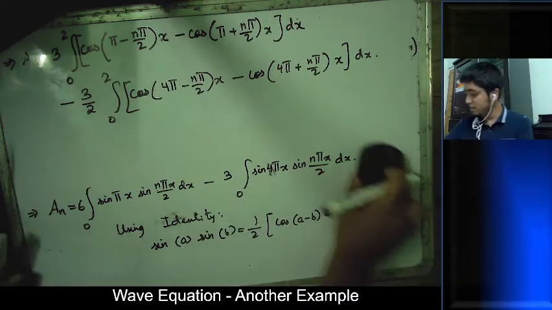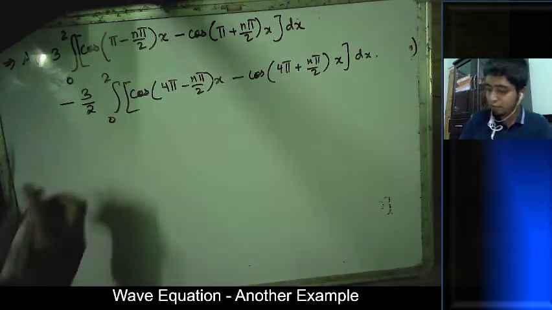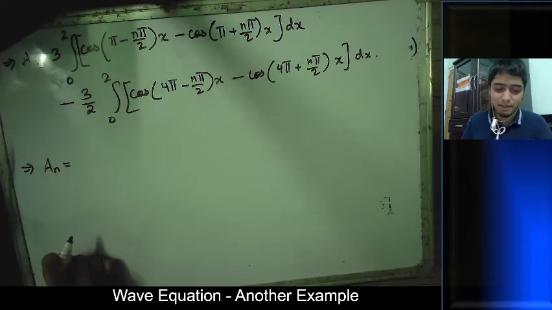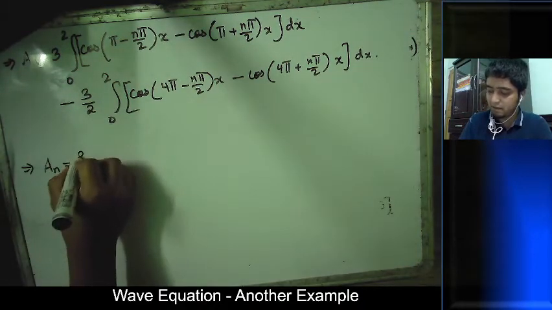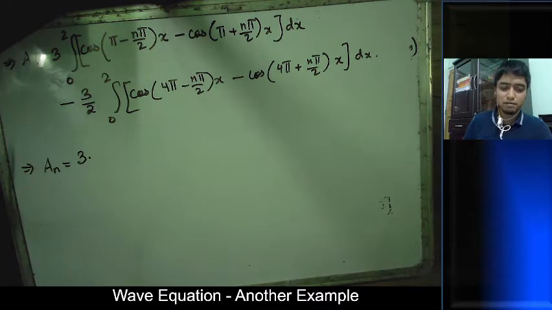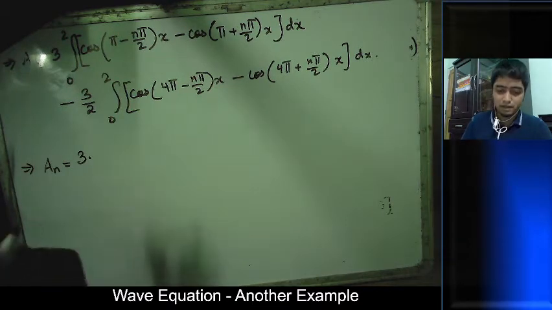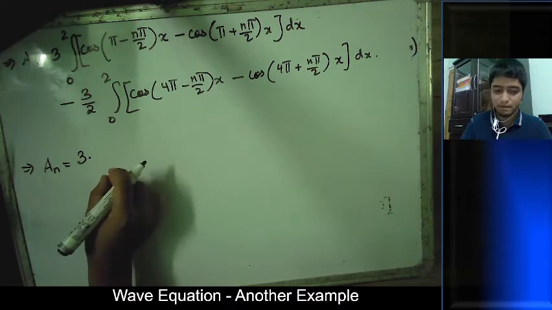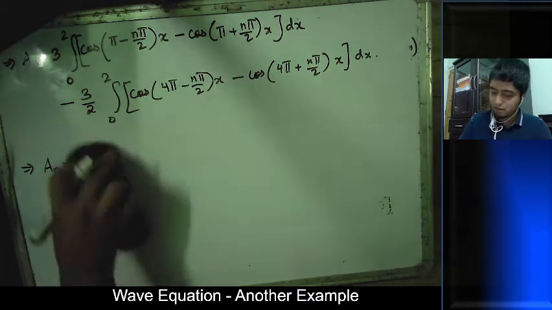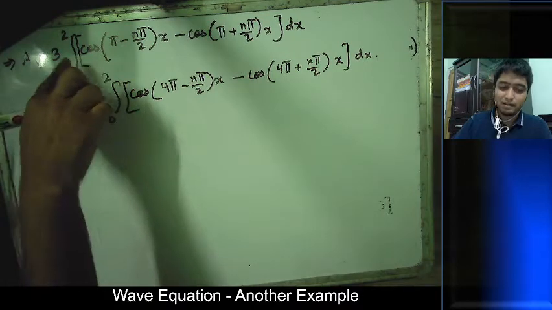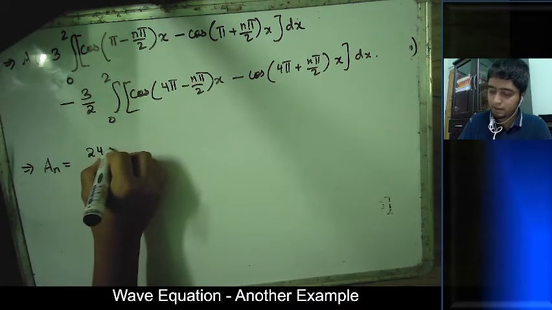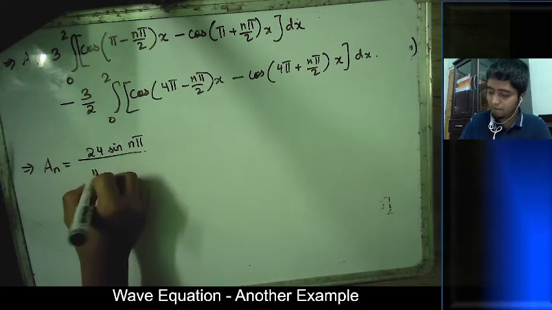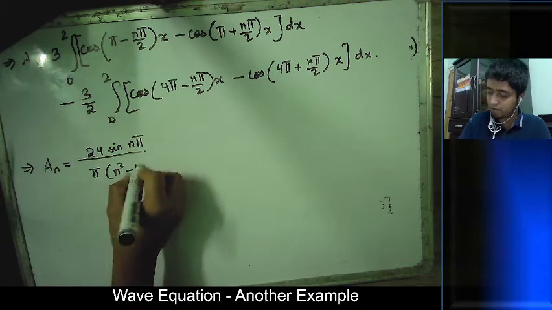Now we just need to integrate it, and I won't do the integration anymore. I will just write down the answer. Okay, how much is it coming to? For the first integral, you will be getting this. After multiplying it will become 24 sin(nπ) divided by π(n² minus 4).